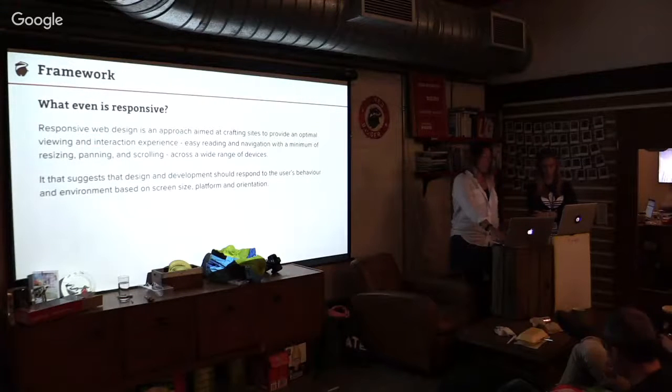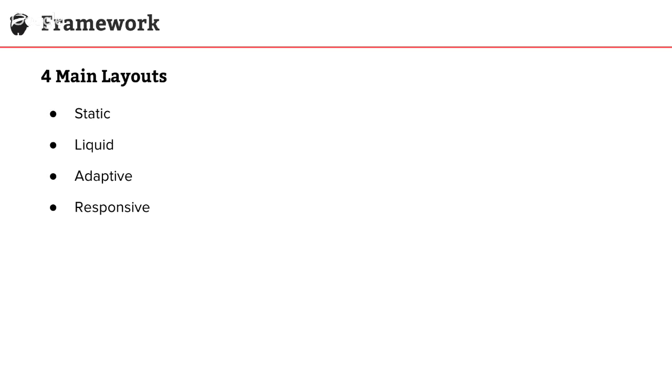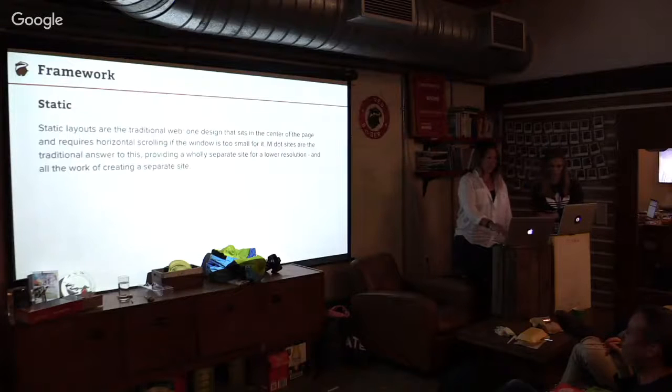So from a kind of historical point of view, there are now 4 main layouts for web design. And that's the static, liquid, which is also called fluid, and adaptive and responsive. And they're all very different. So at Red Badger, we just build responsive design, but it's good to have an understanding of the other frameworks so that everyone is kind of talking the same language.